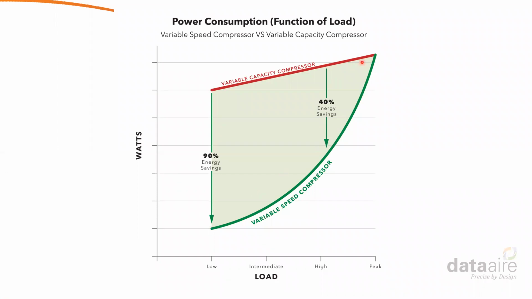As you can see, the digital scroll compressor doesn't really save a lot of energy between 25% load and 100% load. The variable speed compressor, on the other hand, begins to save energy as soon as it slows down speed, and at 25% load, it draws 90% less energy than the digital scroll compressor. So quite an impressive number. This is why we use variable speed compressors in our units.